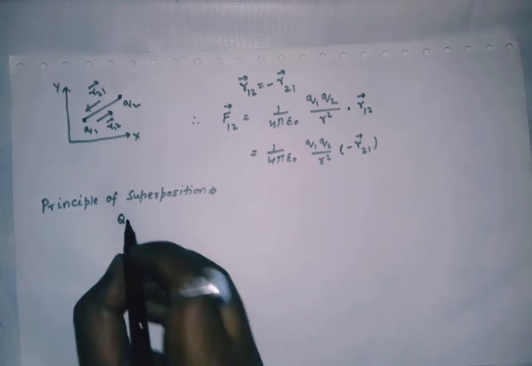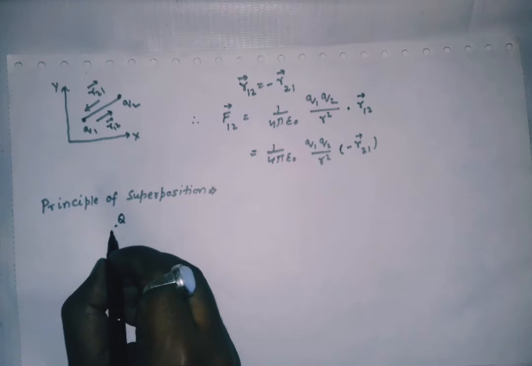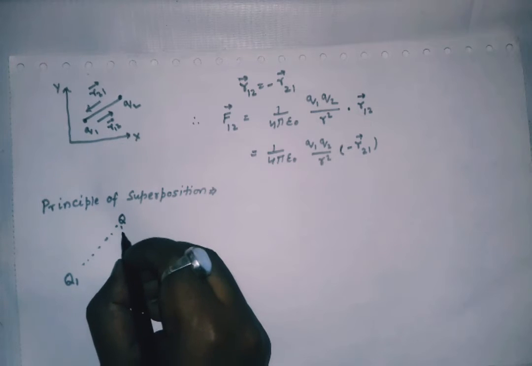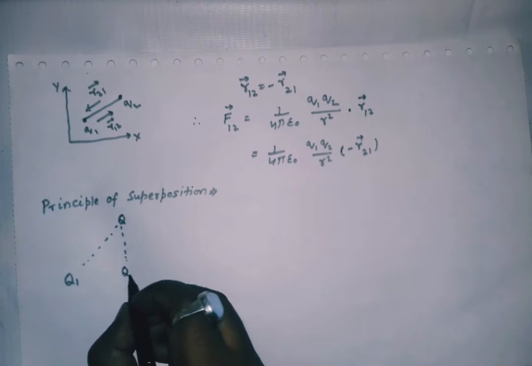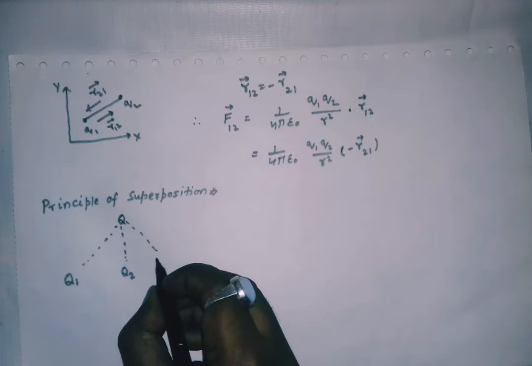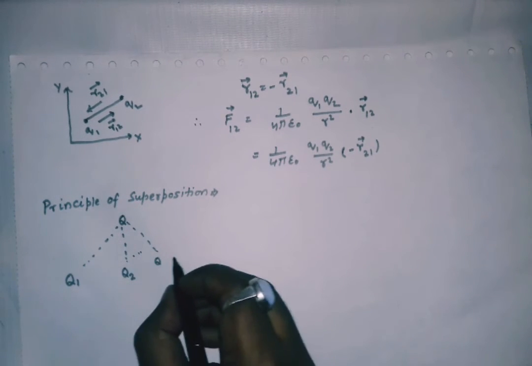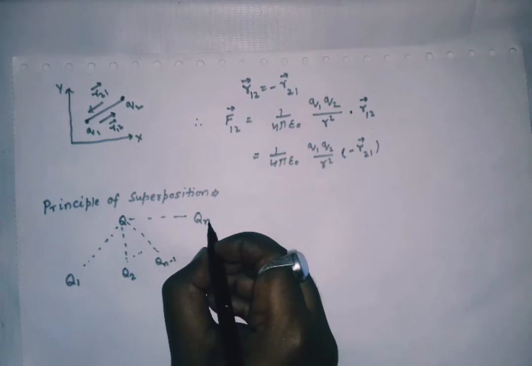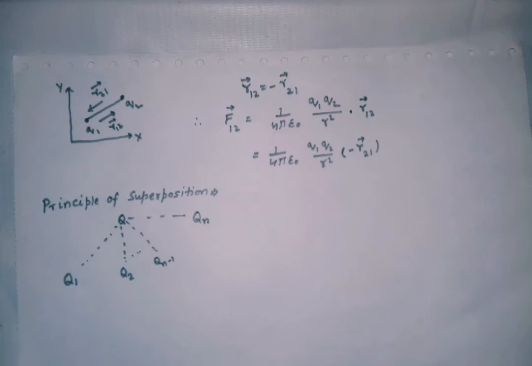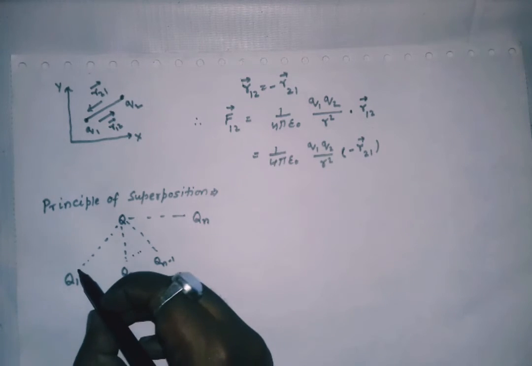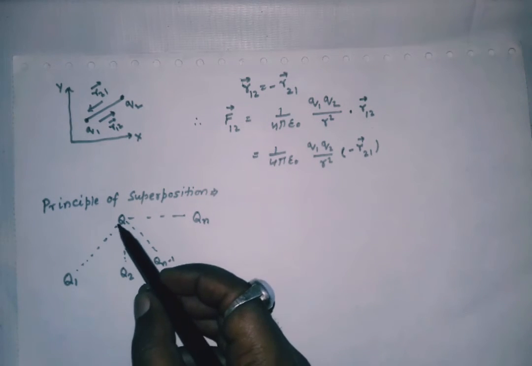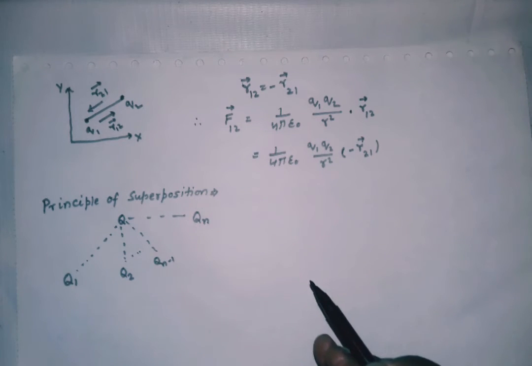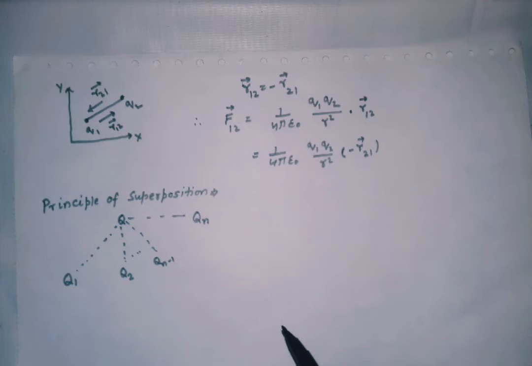Suppose here is a charge q and here is another charge q1, here is another charge q2, up to qn minus 1 and qn. So this charge q is under force with various charges: q with q1, q with q2, q with qn minus 1 and q with qn. So this is a multiple charge system.